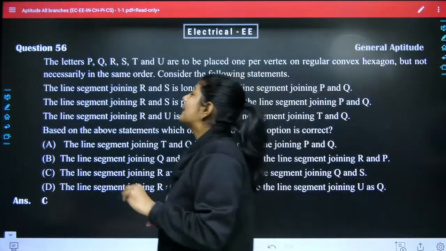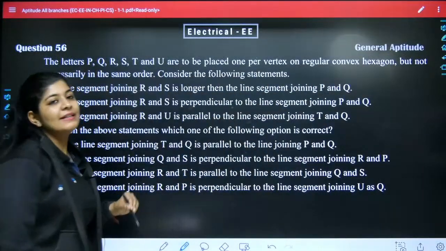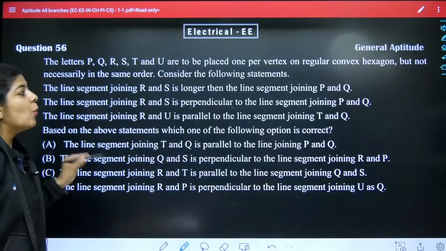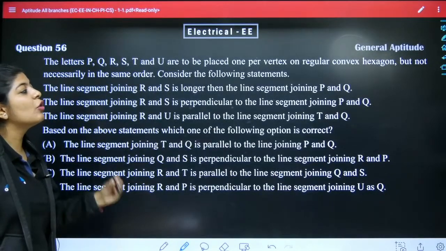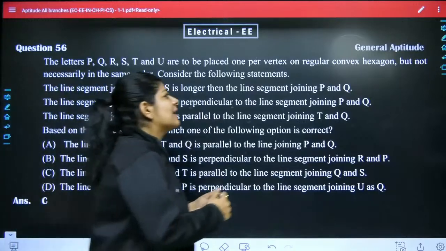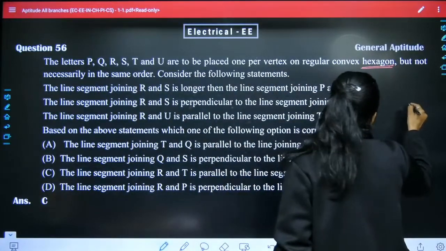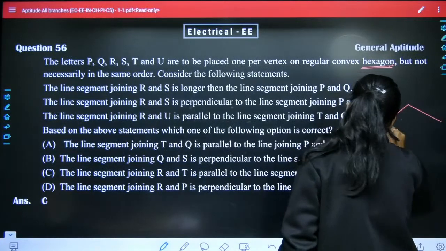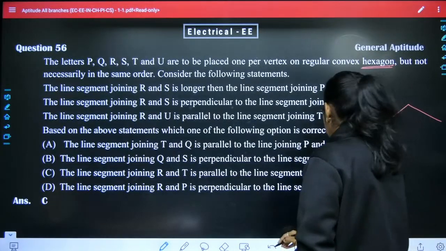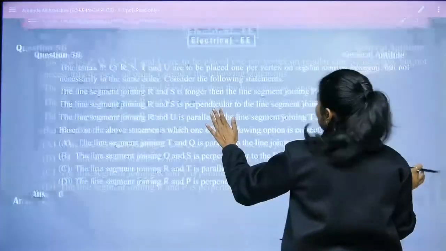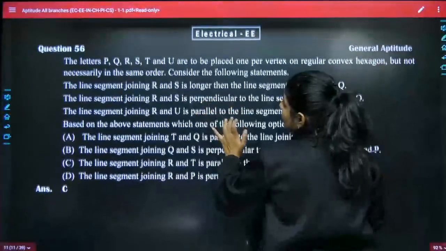the letters P, Q, R, S, T and U are to be placed over one vertex each on a regular convex hexagon. Hexagon means it has 6 sides, right? So we can draw our hexagon over here. We need some more space, so we can minimize the size of the question.